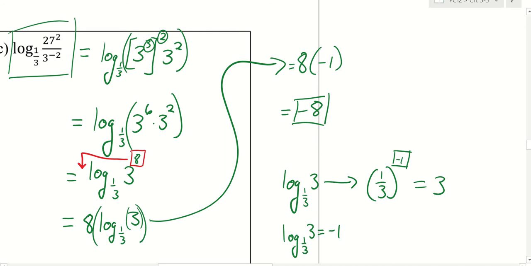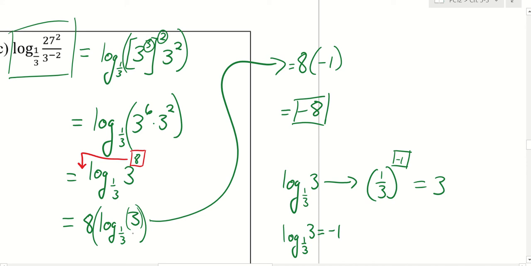It's a really simple number. But it takes some comfort with your exponent laws to rearrange the inputs here and to simplify, and then to have some degree of comfort with the logarithm laws or the properties of logarithms to know that you should apply the power rule here and write the 8 that was the exponent on this input of 3 as a coefficient in front of your logarithm.